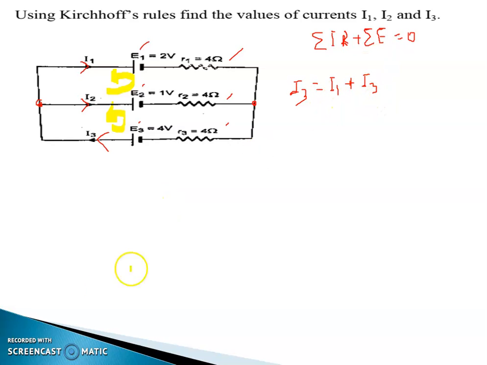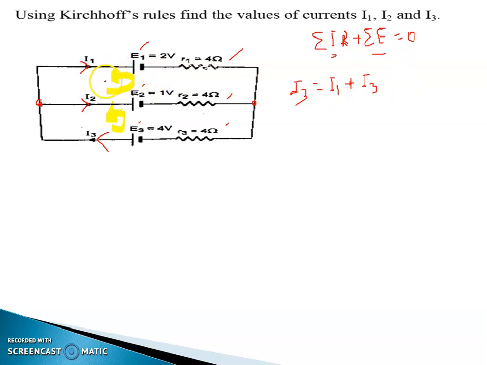Now if the current is in the same direction as the arrow, meaning anti-clockwise, we have to take it as negative, and if the current is clockwise, we take I as positive as per the sign convention. In the case of EMF, if the EMF is in the anti-clockwise direction, it should be taken as positive, and if the EMF is clockwise, it should be taken as negative.